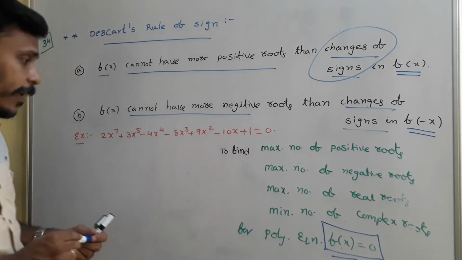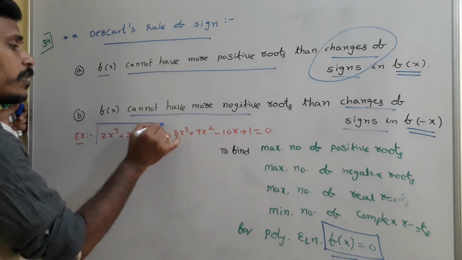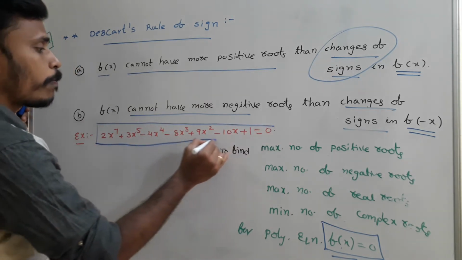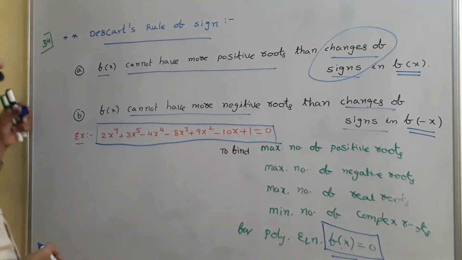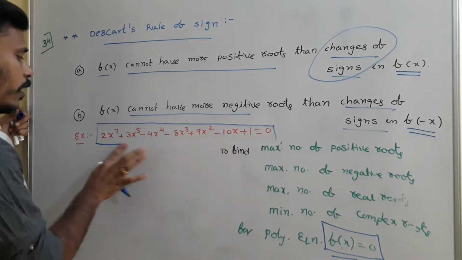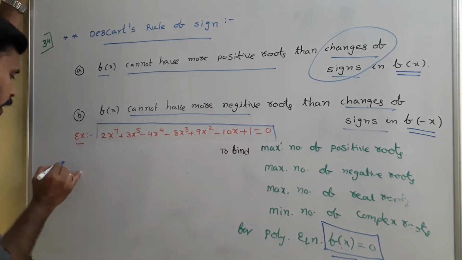I mentioned an example: 2x power 7 plus 3x power 5 minus 4x power 4 minus 8x cube plus 9x square minus 10x plus 1 is equal to 0. And now I am going to check the number of roots for this equation. First of all, you just identify f of x.